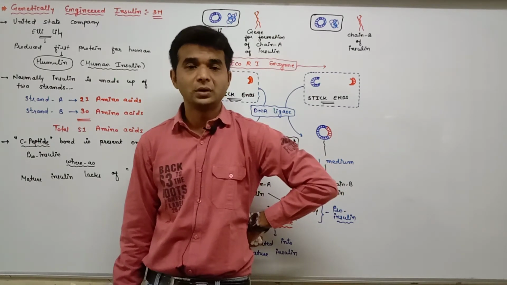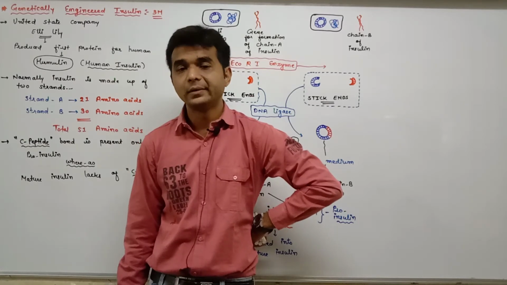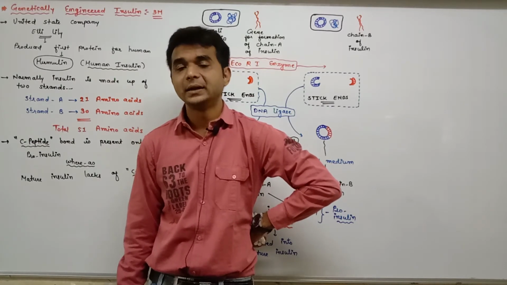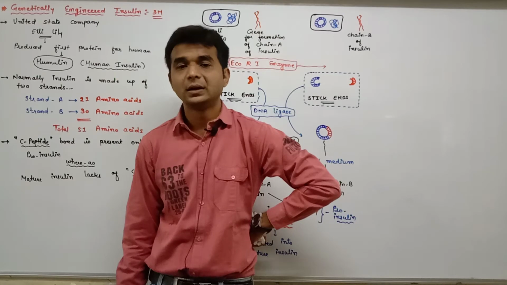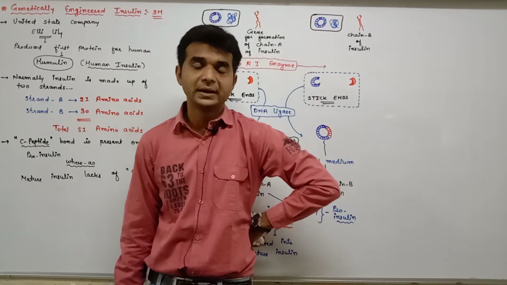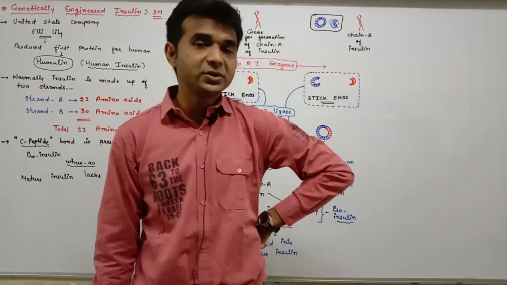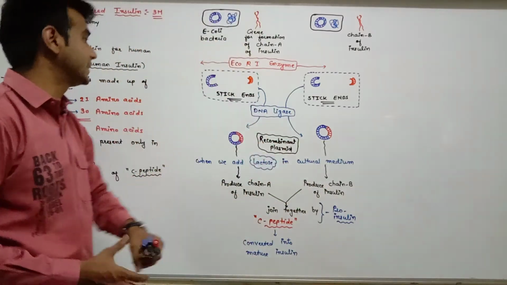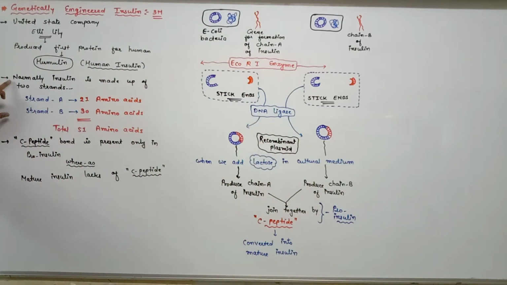So they selected the foreign DNA which produces the insulin, examined it, and found that insulin consists of two strands, strand A and strand B. So please remember, this is most important for MCQ.